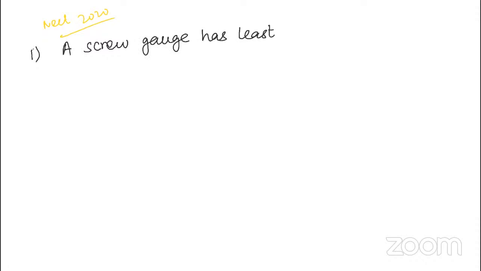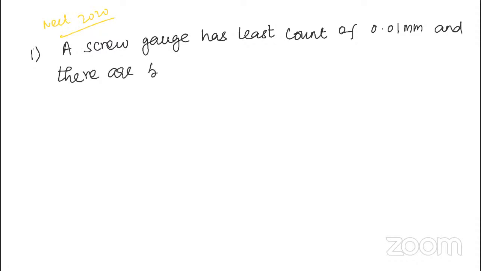This problem was asked in NEET 2020. A screw gauge has a least count of 0.01 millimeter and there are 50 divisions in its circular scale.